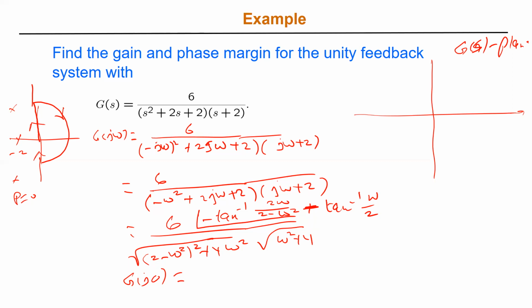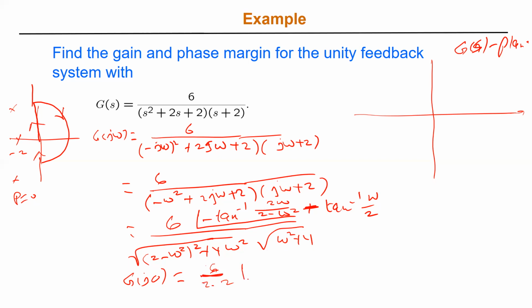Is it 0? No, just substitute. This is 6. I'm talking about magnitude. This will be 6 over, this one will be 0, so 2 to the power 2 and the square root will be 2 times, another 2.